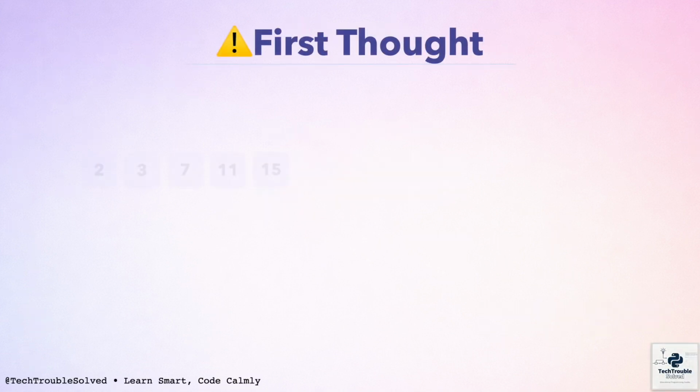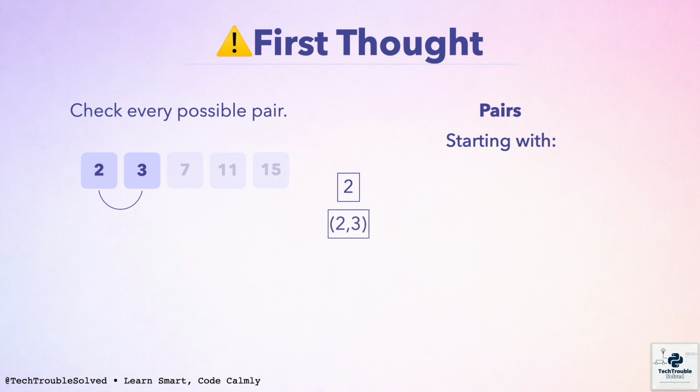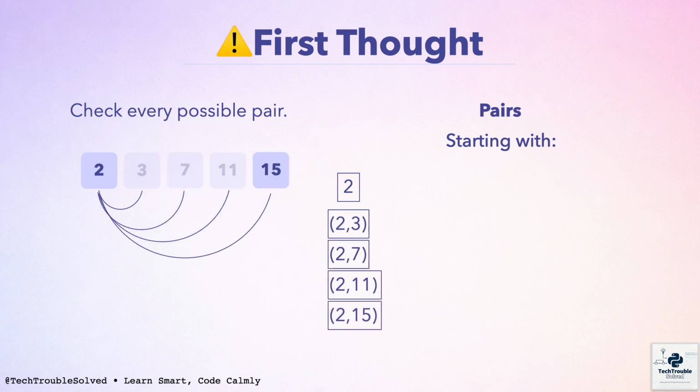The most natural way to think about this problem is to check every possible pair. We take the first number and pair it with every other number in the array. So the pairs starting with 2 are 2 itself, 2 3, 2 7, 2 11 and 2 15.